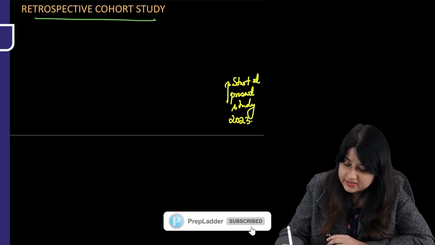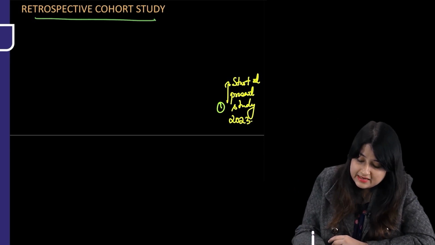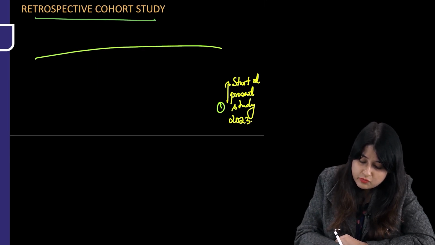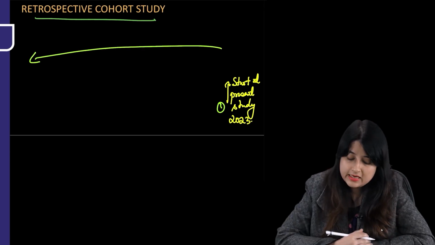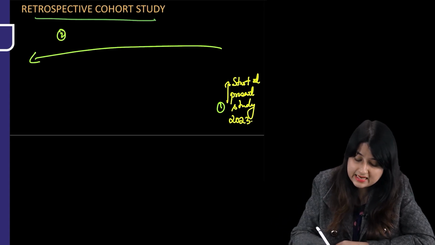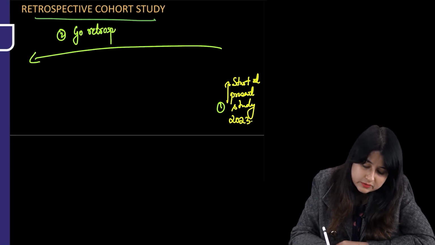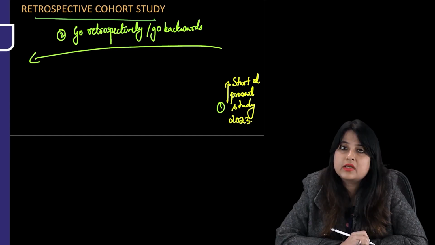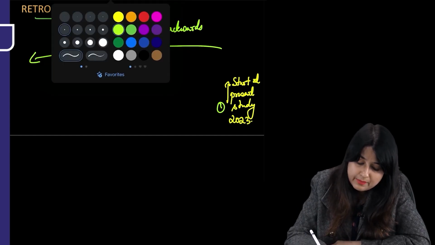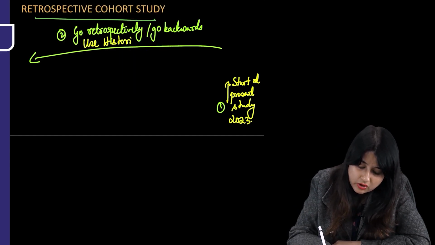The first step is you start the study at the present time, and then you go retrospectively. Retrospectively means you go backwards. You go backwards and use historical data.